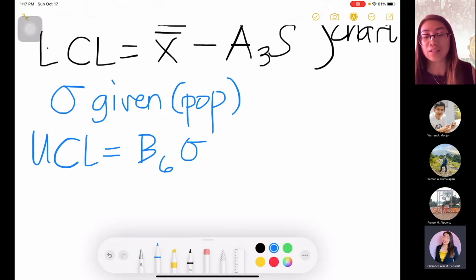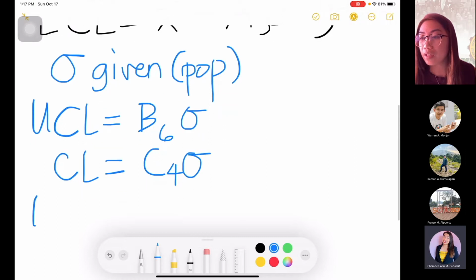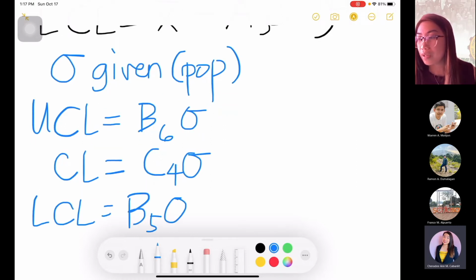So meaning to say if n is more than 30, it's considered population. So we will be using this one. Okay, then the center line is C4 sigma, and the lower control limit is B5 sigma.